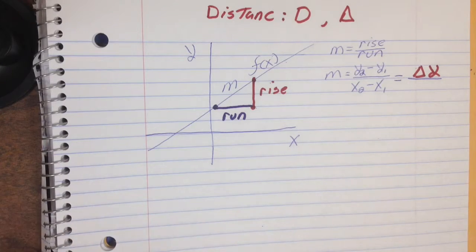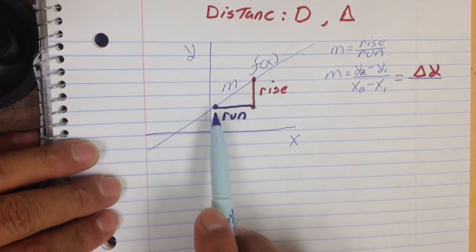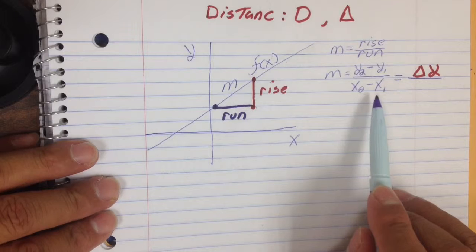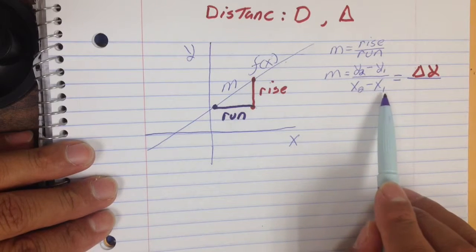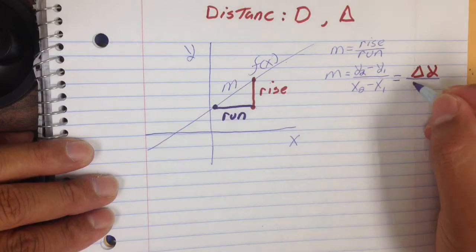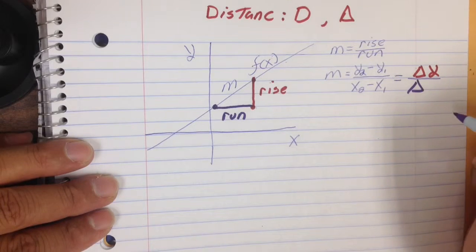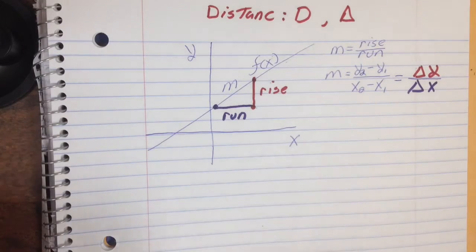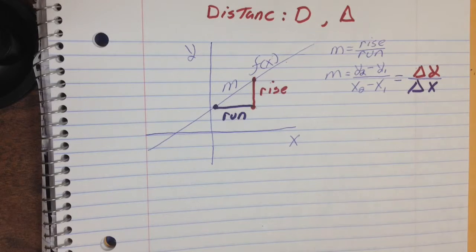Also, my run is the distance I've traveled in the horizontal direction. So the total change from one x value to the second x value is actually a distance, and that distance is horizontal. So delta x and delta y represent the symbols for distance.